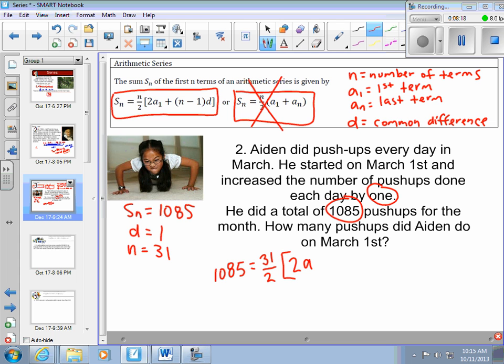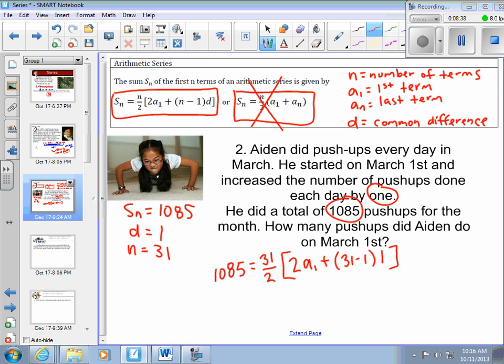That we don't know, so we keep it in our formula as a sub 1, plus the number of terms minus 1, so 31 minus 1, times the common difference. Each day he's doing 1 push-up more. So if we simplify and do a little solving, we can come up with how many Aiden did on the first day.